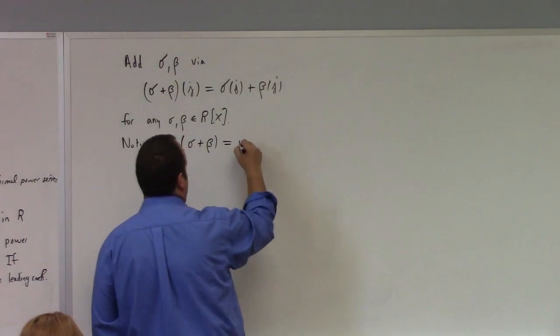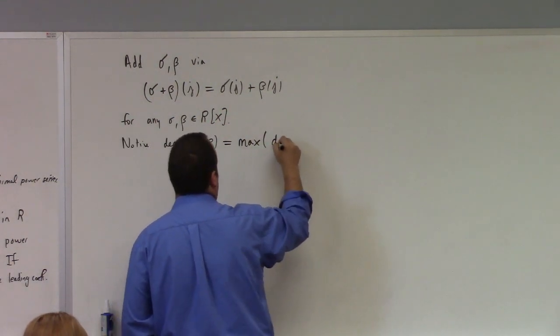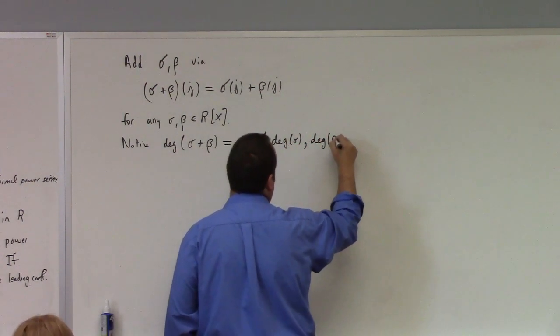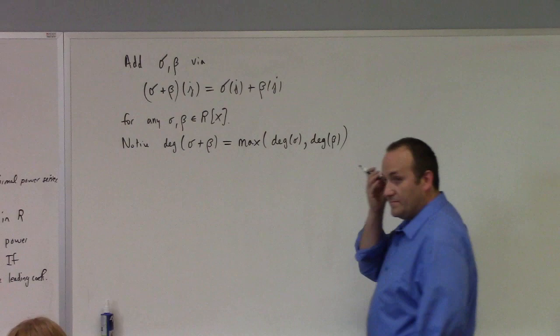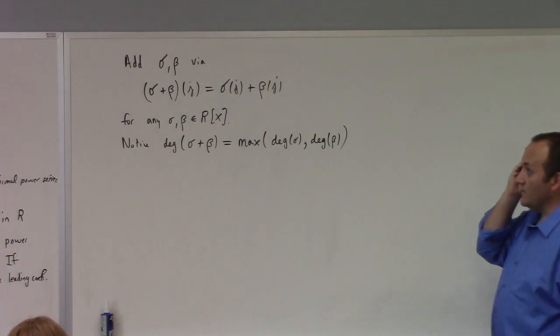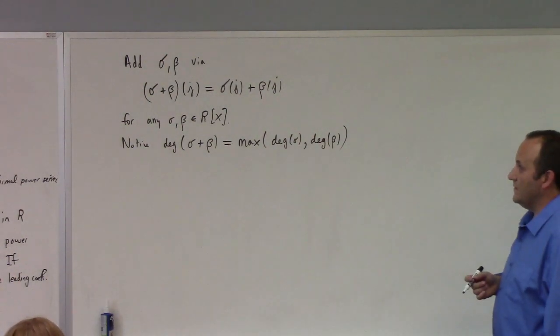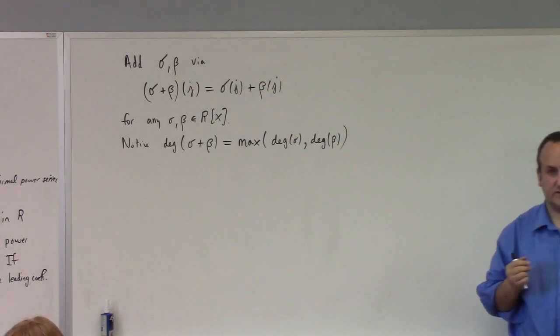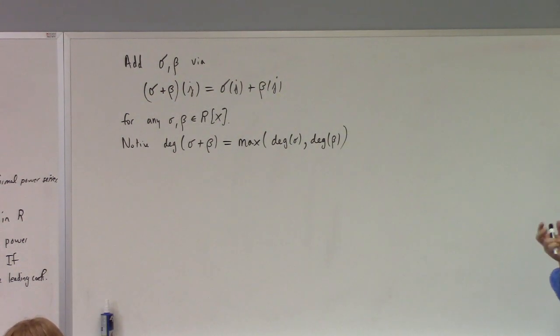It's just the max of the degree of sigma and the degree of beta. Am I right? Think about it. What this is saying is that the jth coefficient is the sum of the jth coefficients of each separate polynomial.